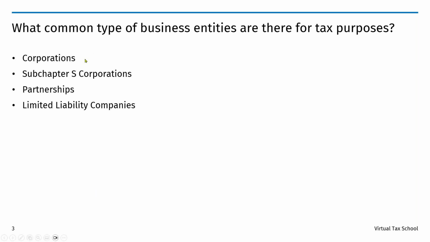The only return type that pays federal tax at the entity level is the corporation on Form 1120. The other return types are for informational purposes to the IRS, and their income and losses will flow to its owners.